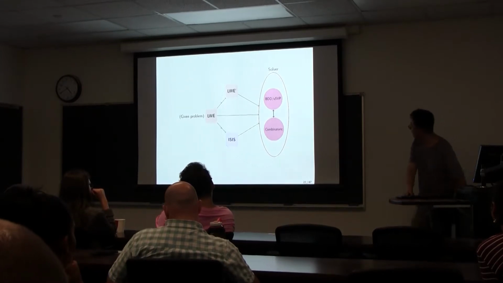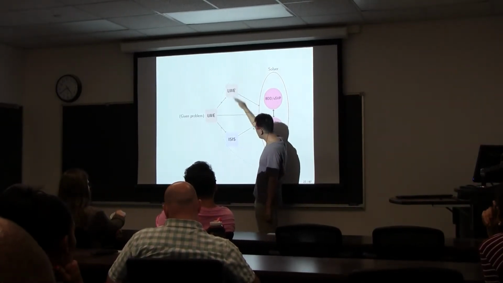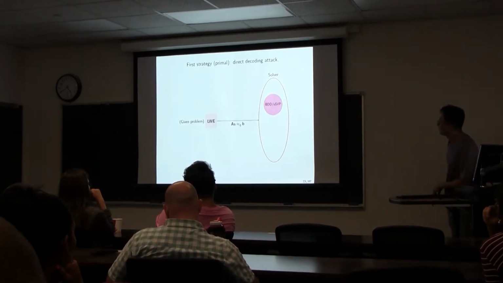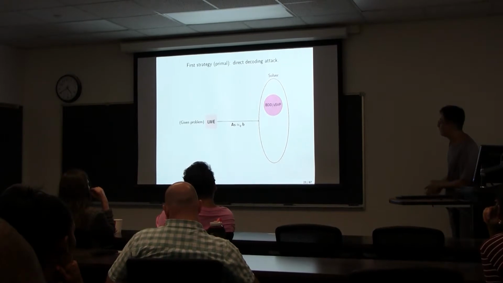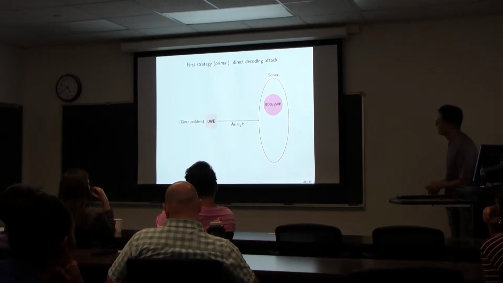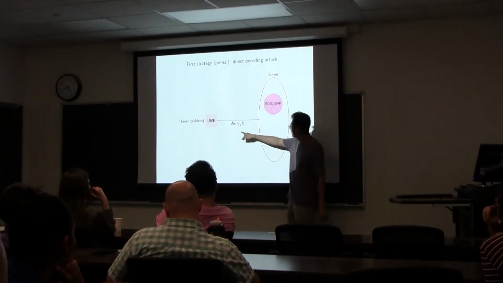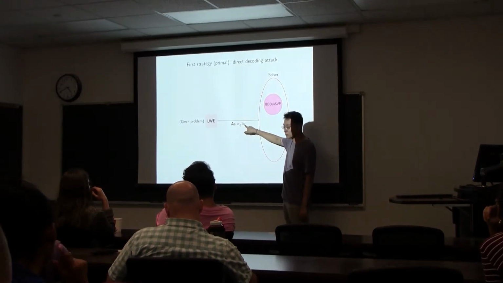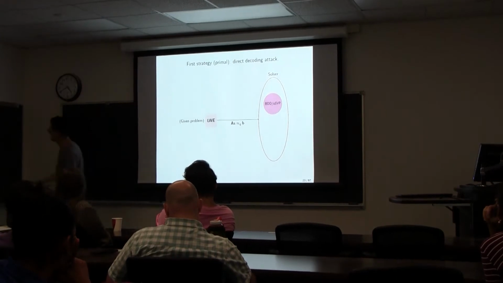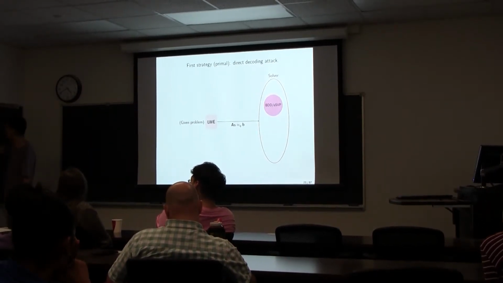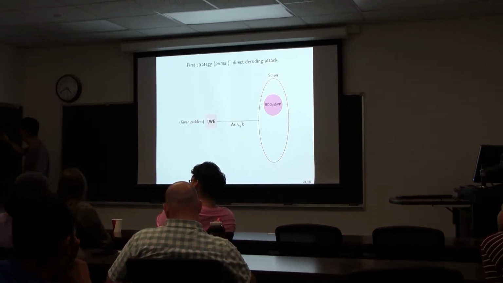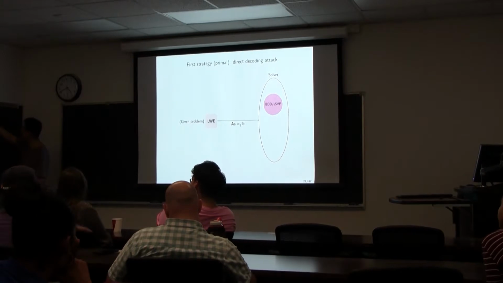I will just throw away these two routes for now, and consider how to solve this directly. Given the LWE problem, we can directly solve it by considering the relation that AS is approximately B. The equation we have is B equals AS plus E, then mod Q. For the problem to be well defined, this E has to be small.